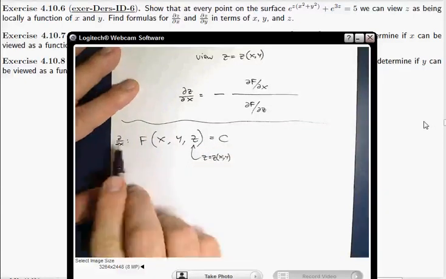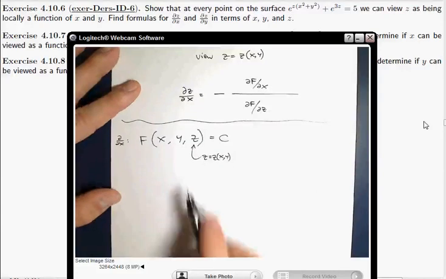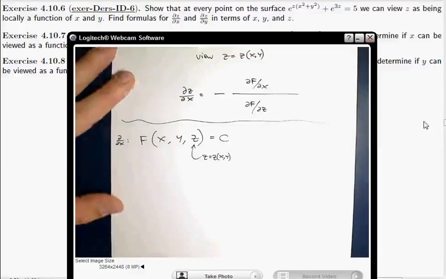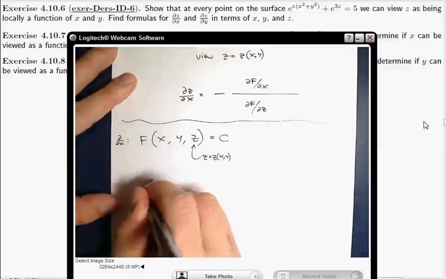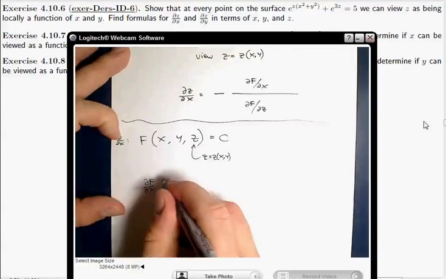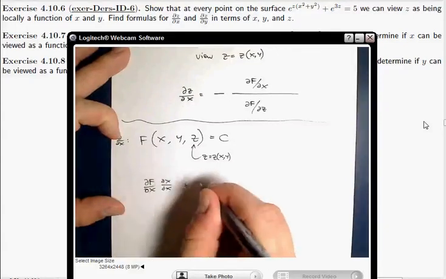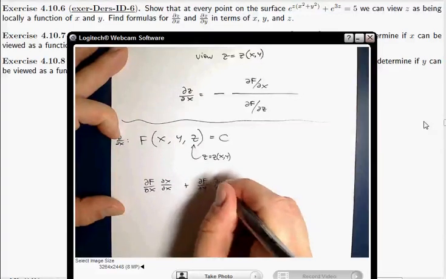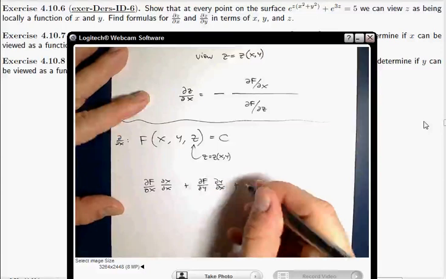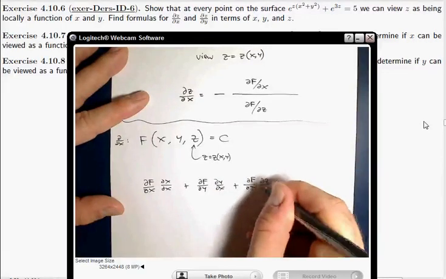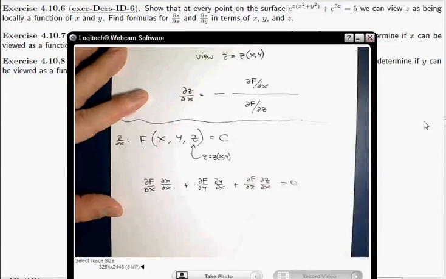So what's the partial of this whole thing with respect to x? Well, this left-hand side depends on several different variables. It depends on x, y, and z. So I'm going to take the partial of f with respect to x times the partial of x with respect to x, plus the partial of f with respect to y times the partial of y with respect to x, plus the partial of f with respect to z times the partial of z with respect to x. That all adds up to 0.